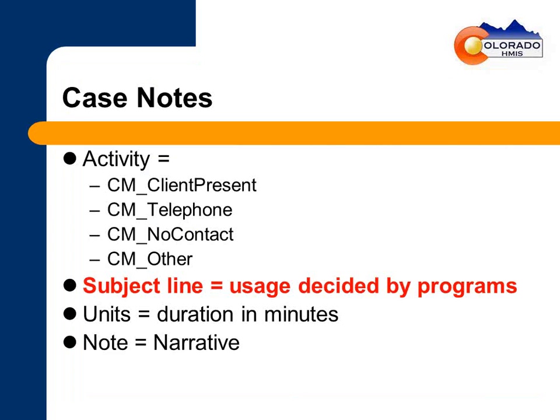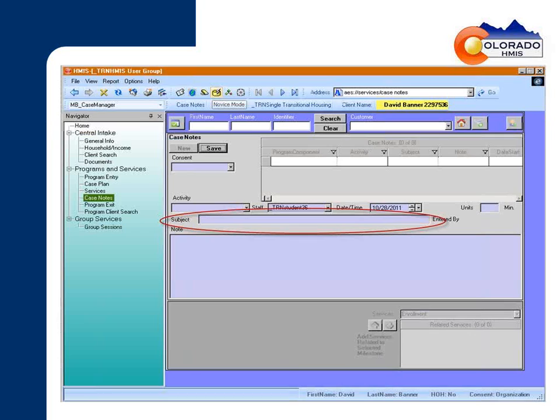Next, we have the subject line. The usage of the subject line is determined by the program, so let's take a look at that here. Here is the subject line. That is where you would enter the subject of the note. Like I said, the usage is determined by the program, so different programs use the subject line differently.